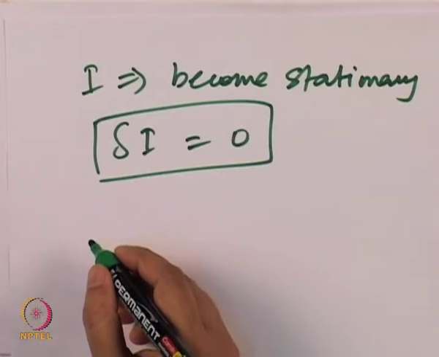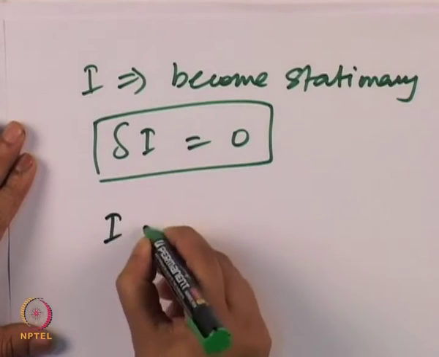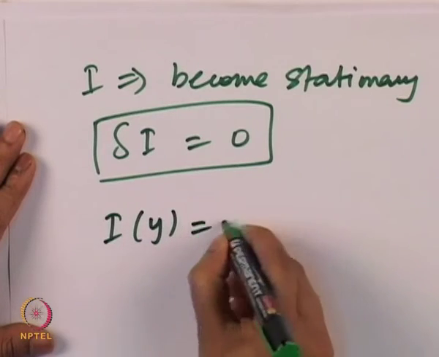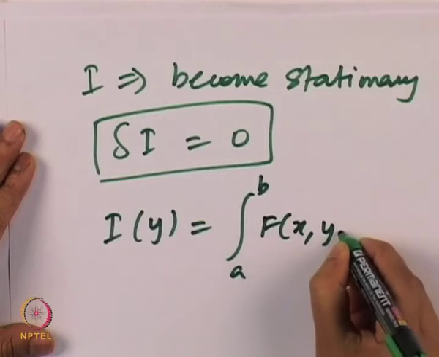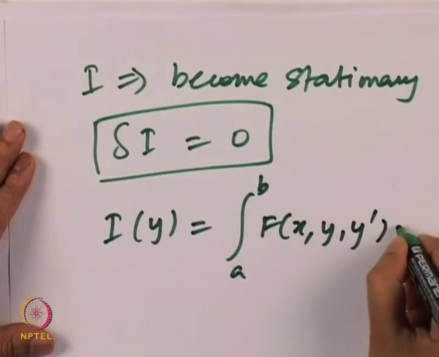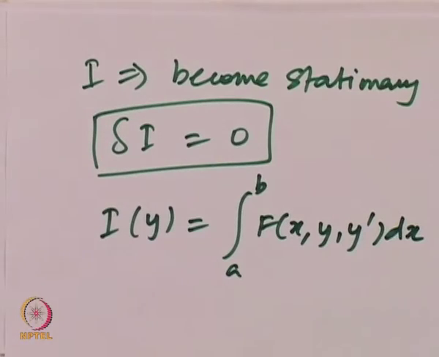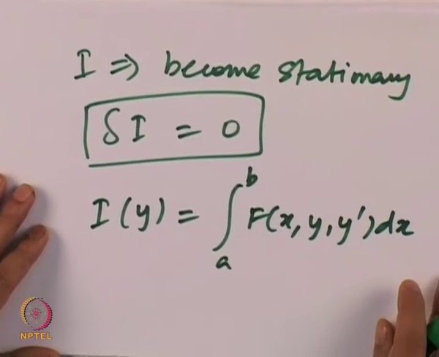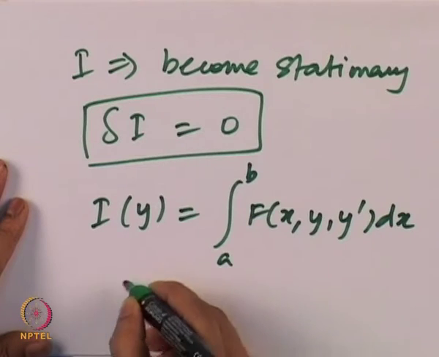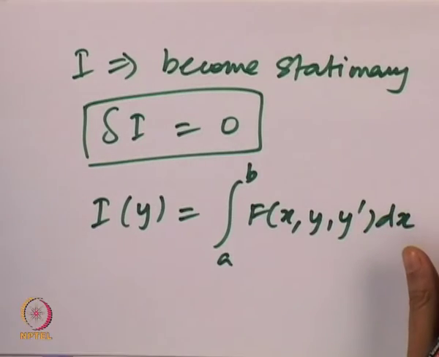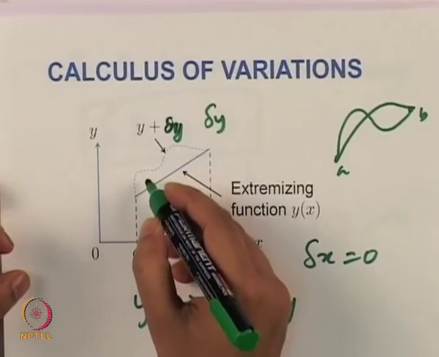The equation we have assumed is the initial equation, I of y is equal to integral a to b f of x comma y dash comma dx. So what we are going to do now is apply this into the main equation. Let us say the change we are interested in in the y axis is given by h.